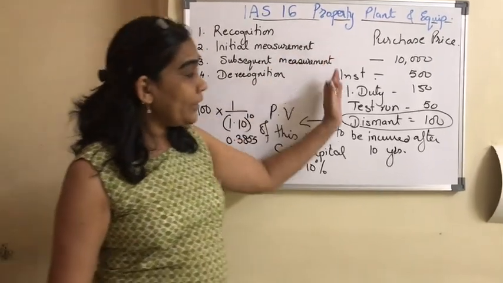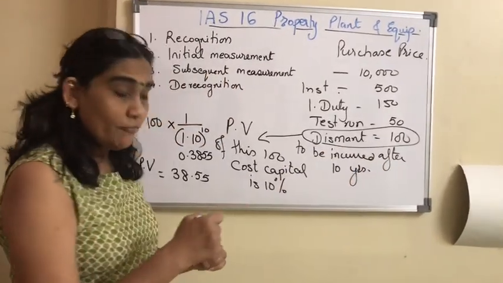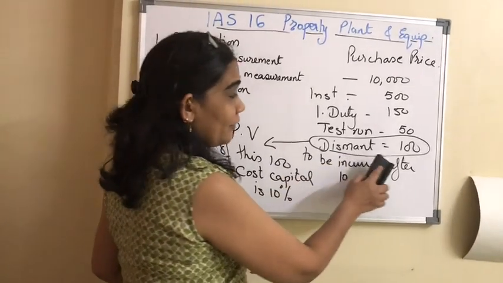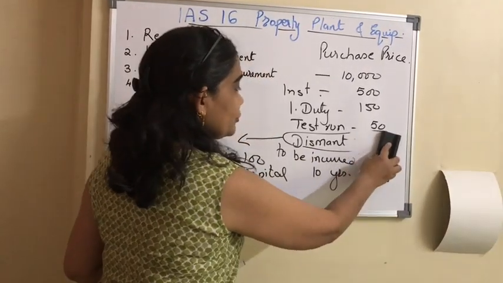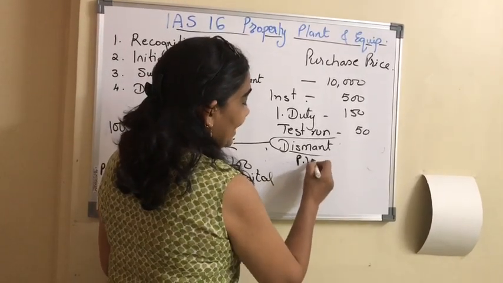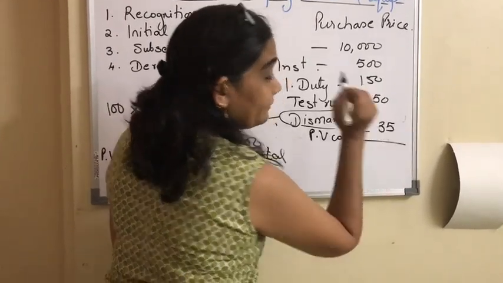So when I am doing the cost of the asset, this dismantling cost will be calculated based on the present value. Instead of this 100, I am going to use the present value cost, which is going to be, let's round it up to 38.